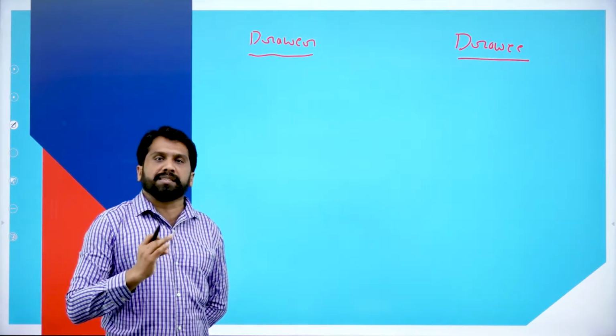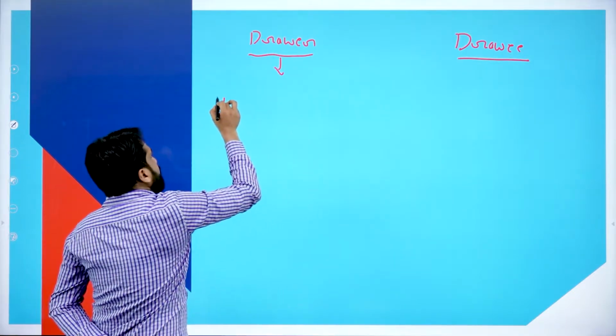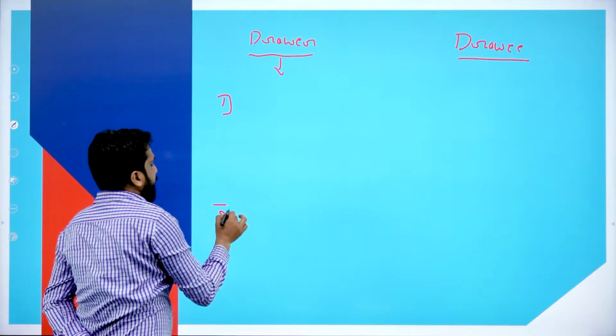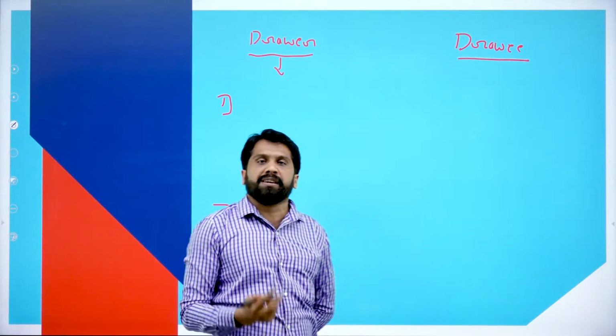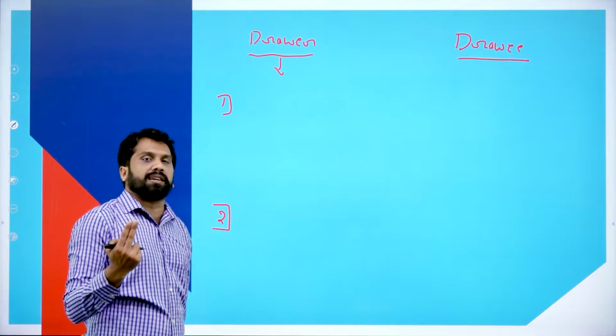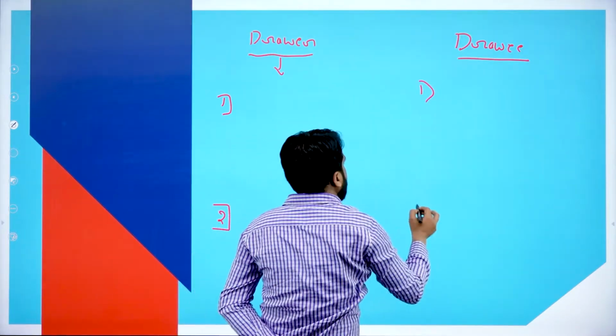How to do this? Simple. In this, first journal entry and second journal entry. Purchase, sales, everything is not required. Only 2 journal entries will come for this and 2 journal entries will come for this.